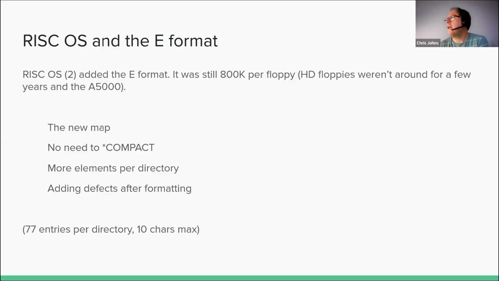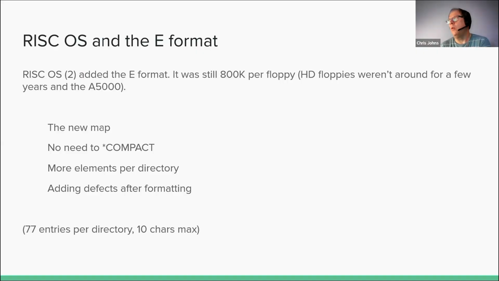Then RISC-OS came about and added the E format, which was still 800 kilobytes. High density floppies weren't really a thing until the A5000 came out, but it offered quite a few useful advantages over the previous D format.